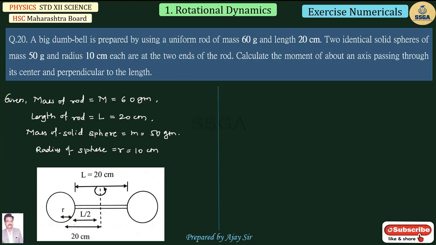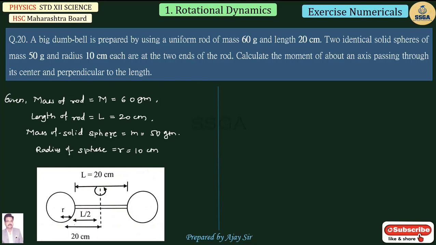Now observe this picture. This is a dumbbell shaped picture. The length of this dumbbell is 20 centimeter, and two spheres of radius 10 centimeter are connected at the ends, and mass is 50 gram.